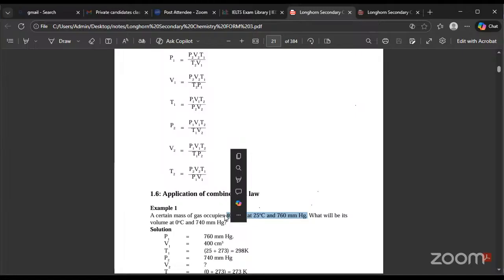Those that are mentioned first in the question, before the full stop or before the other commas, anything that comes before that is 1.